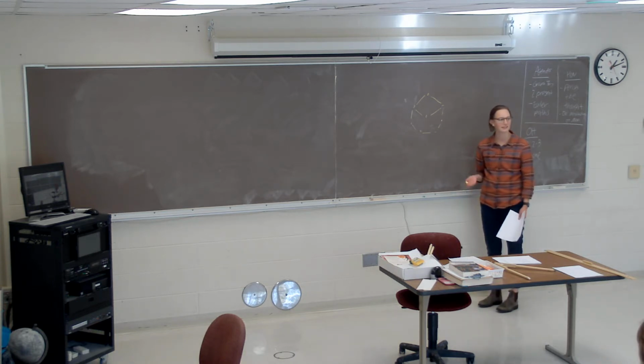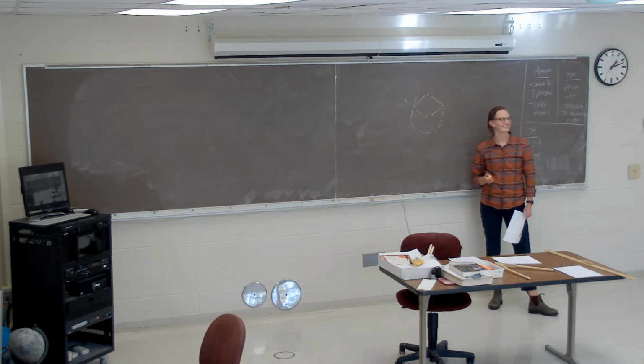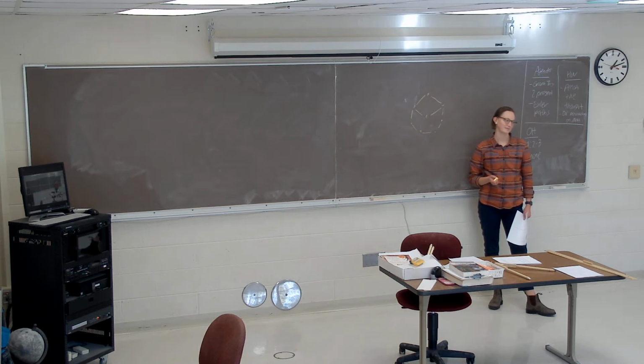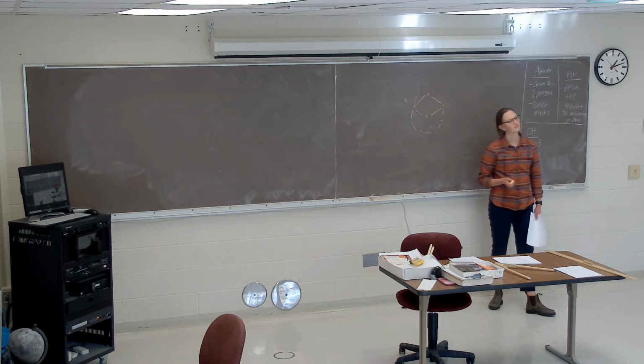Did anyone have any different ways of doing this problem? I was about to ask that. Great minds think alike. Yeah, Laura? Well, I did it the same way you did, but I saw other people do it where they start with a box, like with the square to begin with, and then instead of going off of the 2 opposite corners, they went off of 2 adjacent corners and kind of made another shape based off that.